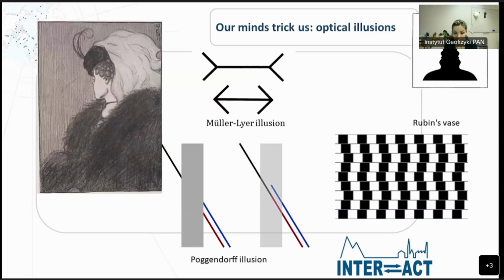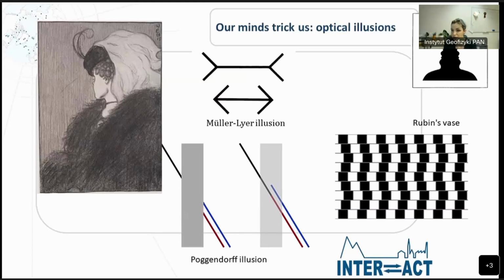What else? Another famous illusion, the so-called Poggendorff illusion, and this illusion illustrated here occurs when a part of a line lying inside this gray rectangle is kind of removed from the line.